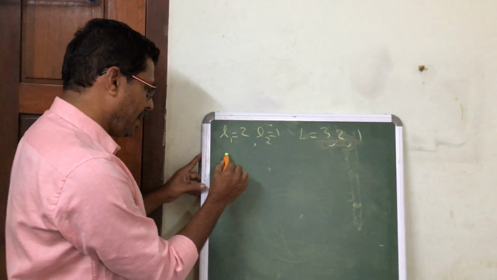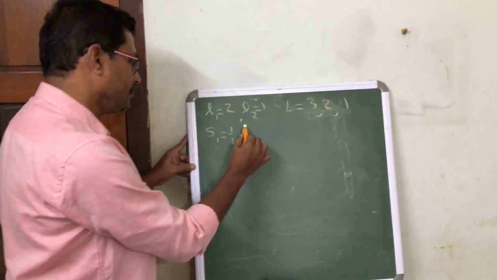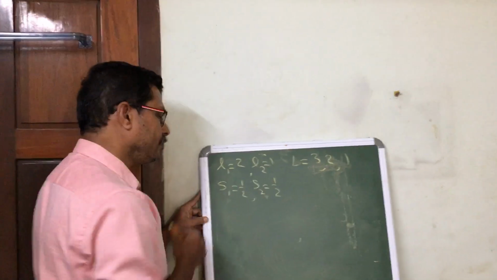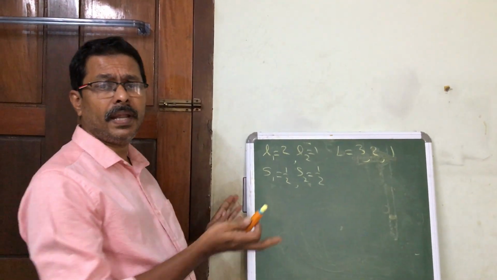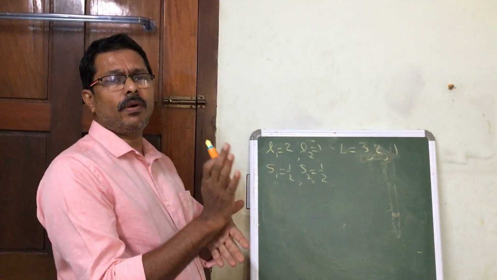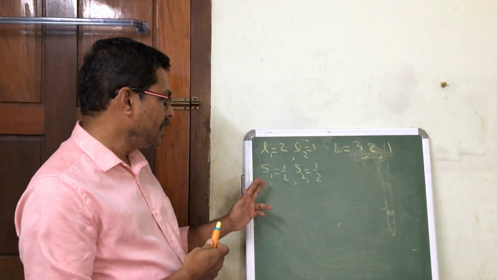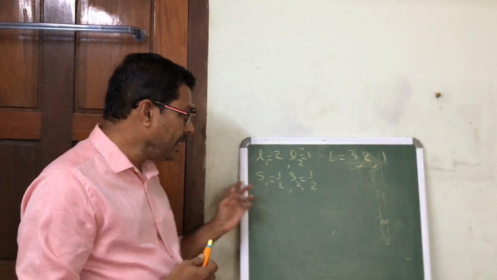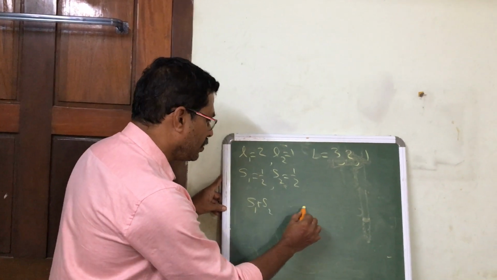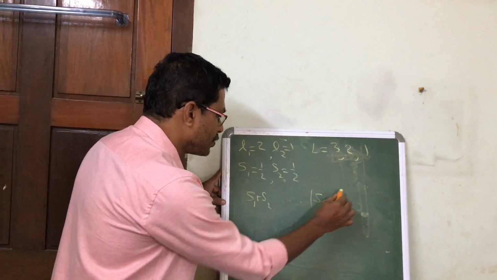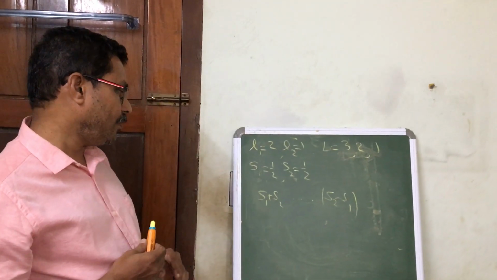And now about S values. With this S1 and S2, when you have two electrons, the orientation may be either in the same direction or in the opposite directions. That means there also you will be getting the values from S1 plus S2 up to S2 minus S1 or S1 minus S2, whatever it may be, you are taking the magnitude of that value.